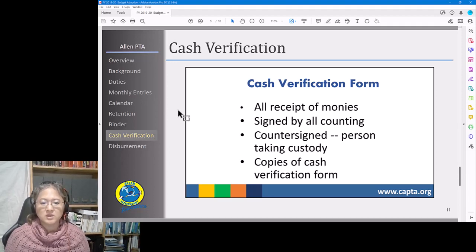Then there's a chain of custody of the form, where as the money is transferred from the person who is counting to the person who is depositing, they then also need to fill out another cash verification form and do another cash verification, meaning count the cash, count the check.